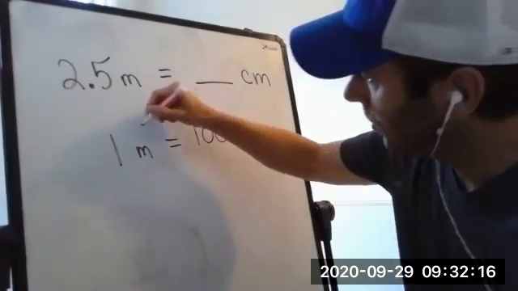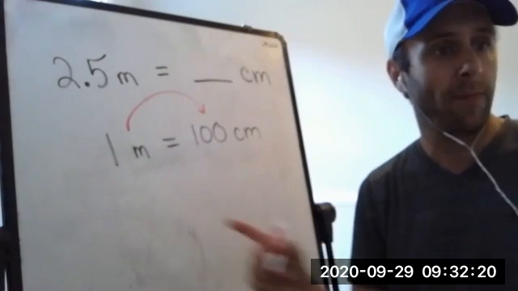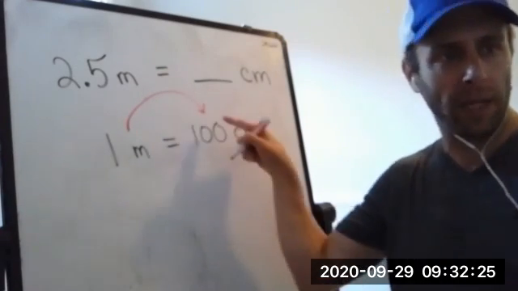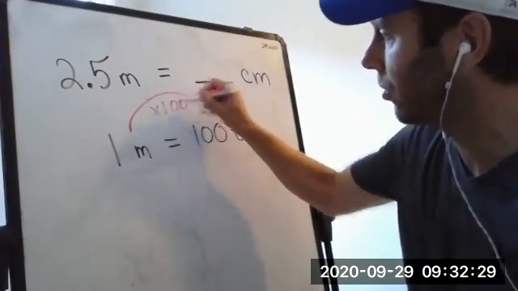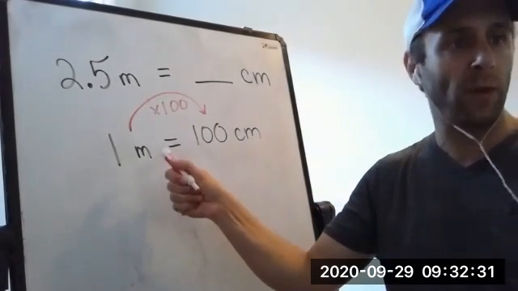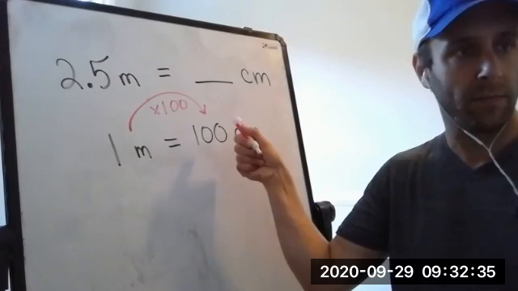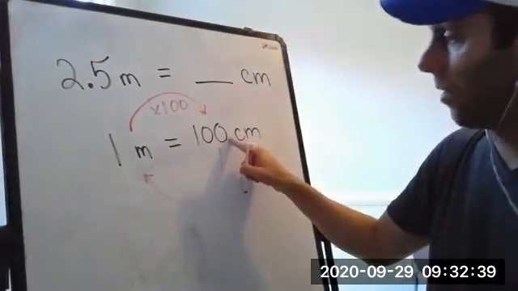So what we're going to do is draw those 2 arrows we did just like with maps. Well, if you have a meter and you're going this way, what do you multiply by? Well, how do you go from 1 to 100? You multiply by 100. Now that lets us know that if we have a meter and we want to know how many centimeters, we multiply by 100. Well, if you're going backwards, you're going from 100 to 1.